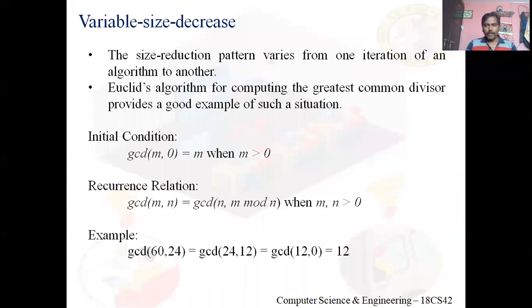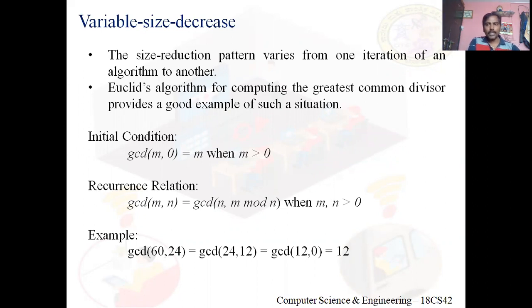So now to compute GCD, we'll see the methodology, the logic behind computing GCD. Before that, I'll show you a relationship. What does the decrease and conquer strategy say?